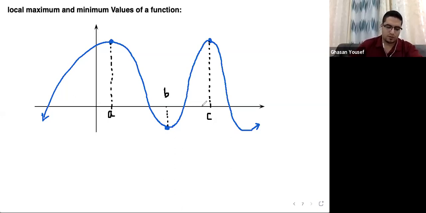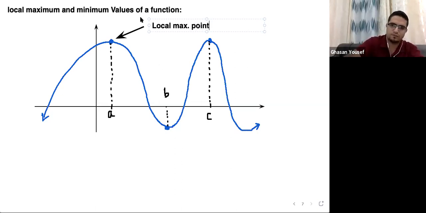So you're supposed to know this point here is called local maximum point.